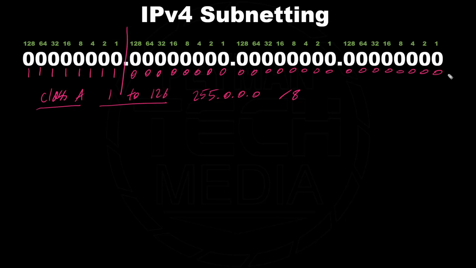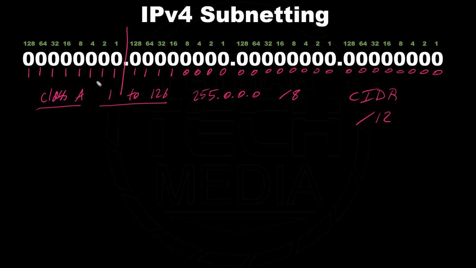So anytime we are using the CIDR notation, anything other than /8, let's say /12. What does it mean? We have to count left to right. 1, 2, 3, 4, 5, 6, 7, 8, 9, 10, 11, 12. So we borrowed from the host bits. How many bits did we borrow? 4 bits.